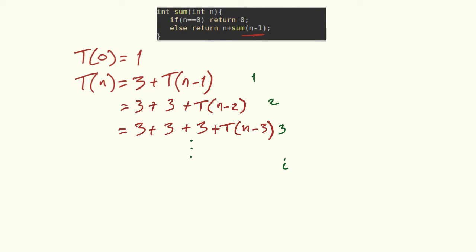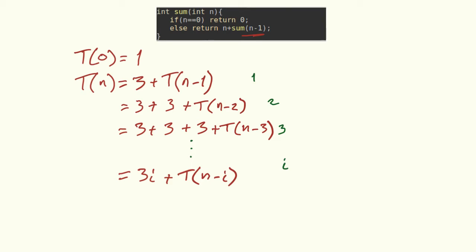And notice what we've got here. This should look very similar to the previous example. We've got now 3i plus T of n minus i. Then finally, all we have to do is find i such that it triggers the base case and plug that back in.